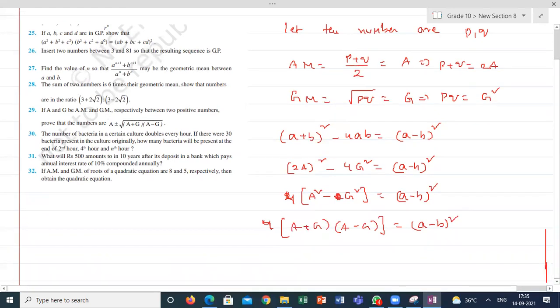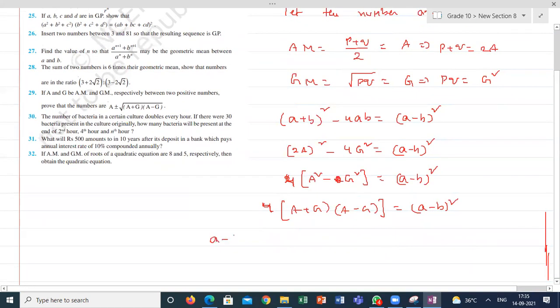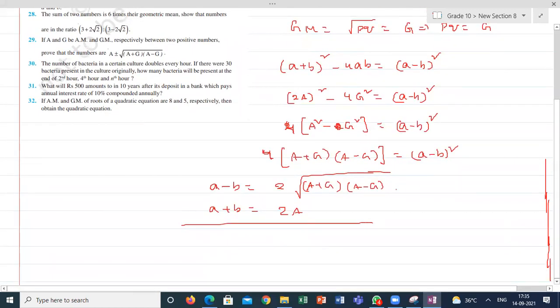So from here, I can write the value of a minus b is equal to 2 root of A plus G into A minus G. And the value of a plus b is equal to 2 times A. If I'm adding these two equations, number 3 and 4, 2a is equal to, I can take 2 common, A plus root of A plus G into A minus G. So 2 cancels. Let me use p and q, then it will be easy.